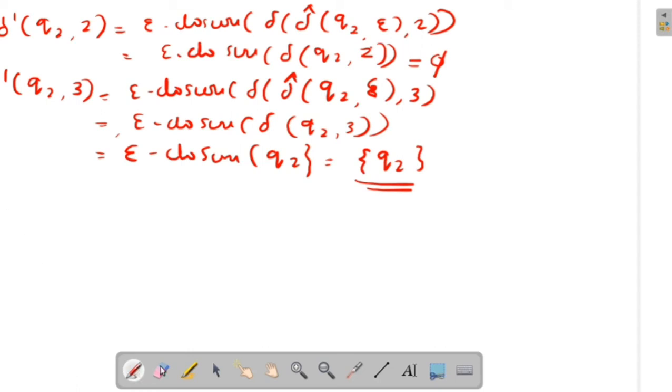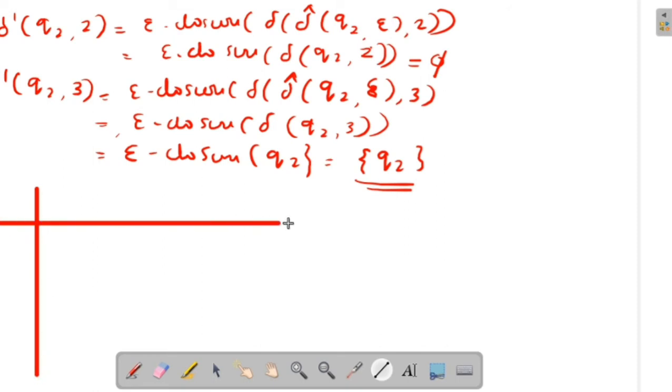So we can draw the transition table for the NFA. Okay, so this is delta, and 1, 2 and 3 are the input alphabets. Q0, Q1, Q2 are the states. The initial state is Q0. The final states are Q0 and Q2. So here delta dash of Q2 comma 3 is equal to Q2.